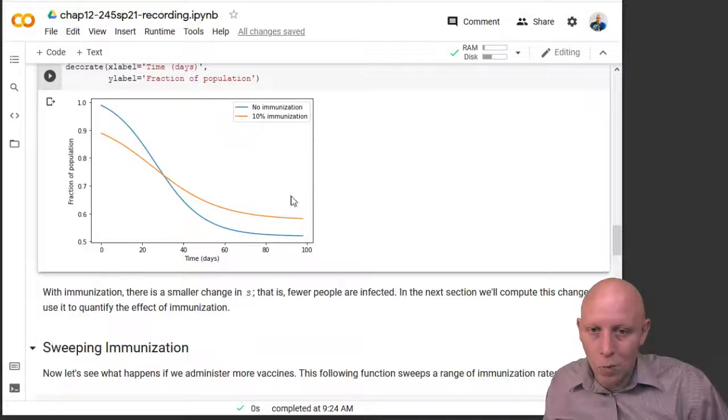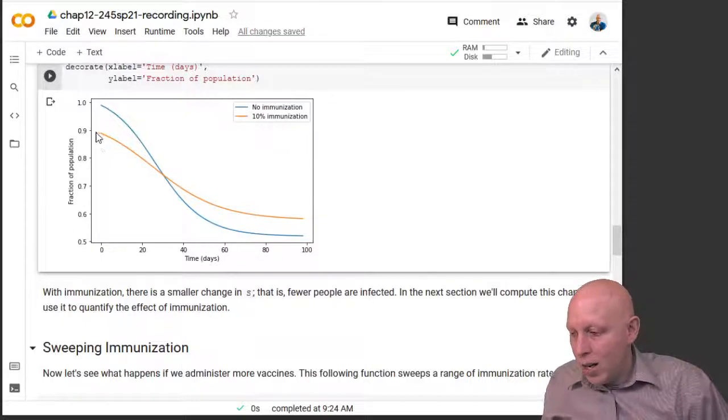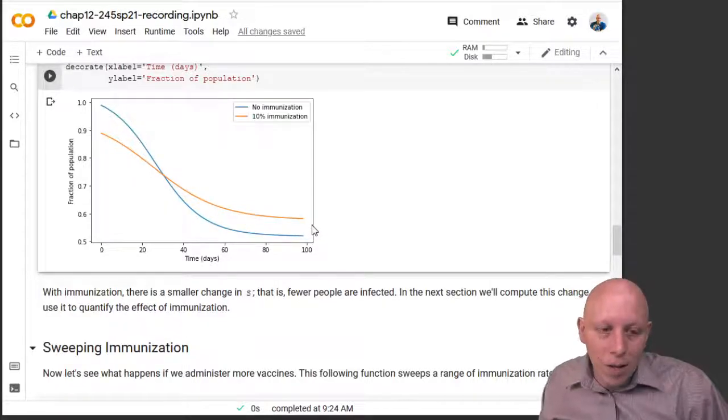That's the 46% of the people who got infected in the first case. And then if we talk about immunizing 10% of the population, we've decreased the number of susceptible people at the beginning, but in the end, the number of susceptible people is higher because a lot fewer people got infected.